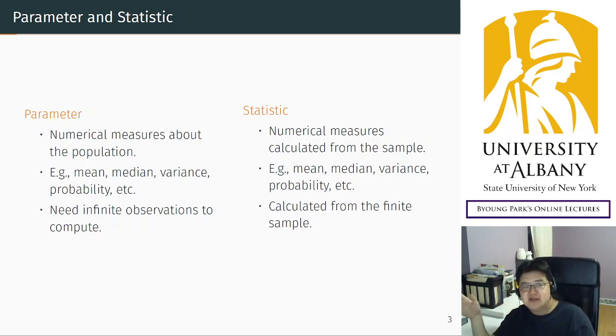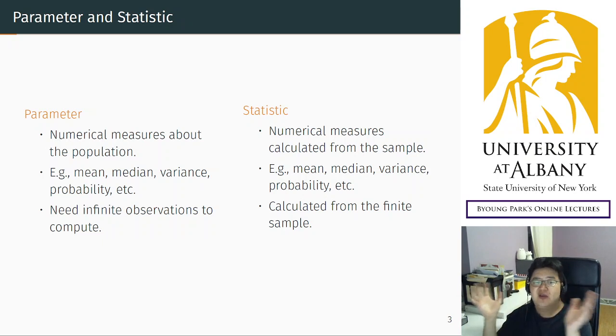On the other hand, statistic is the counterpart of the parameter, the sample counterpart of the parameter. So the parameter is for the population, and the statistic is for the sample. A statistic is any measure about the sample, calculated from the sample. If you have, say, 100 observations, you can still calculate the mean, the median, the variance, the probability, whatever.